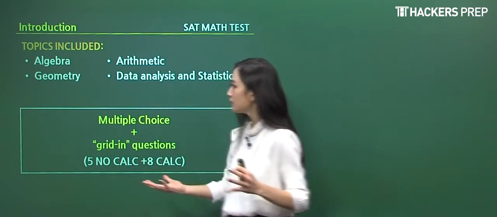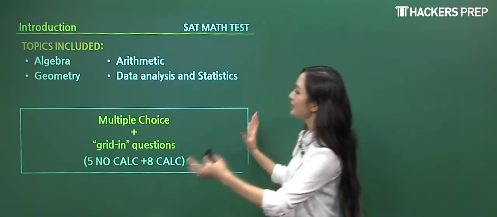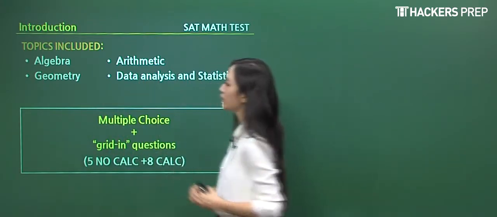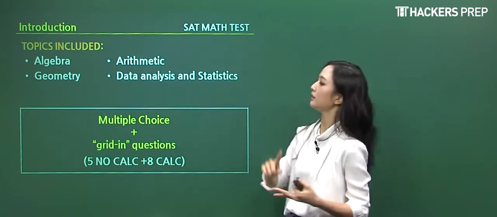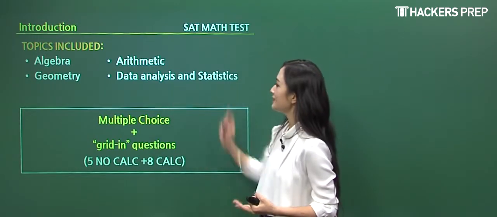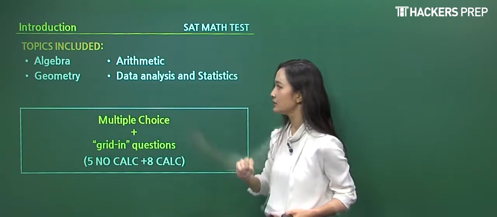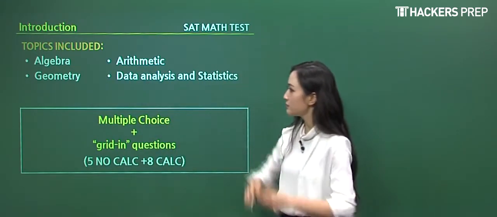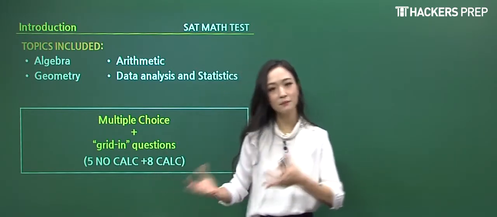So for the topics included, we can see that 4 main categories can be divided for the test: algebra, arithmetic, geometry, and data analysis and statistics. Let me give you a little detail. The arithmetic portion comprises questions that involve basic mathematical concepts and applying them.